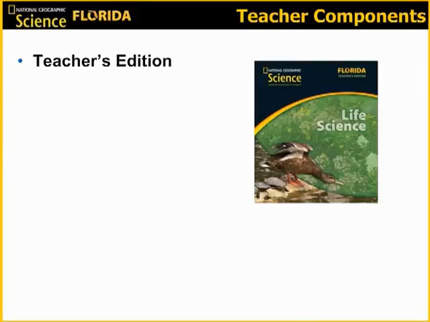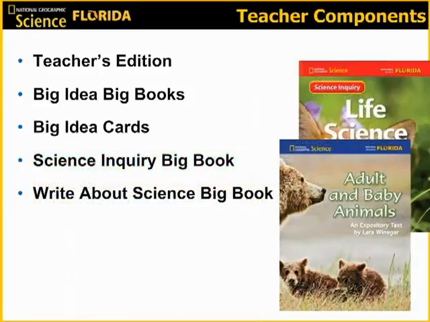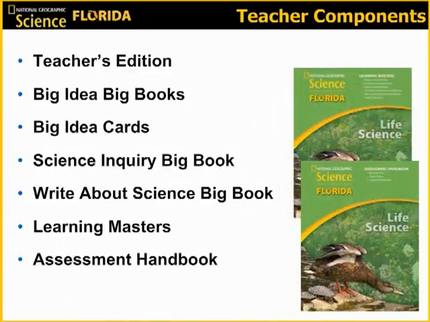As for the teacher components, you will have 1 teacher's edition for each unit. The Big Ideas Big Book and Big Idea cards will help guide your instruction for each unit. A Science Inquiry Big Book and Write About Science Big Book are also provided to help guide the inquiry and writing lessons. You also have Learning Masters and an Assessment Handbook for each unit.